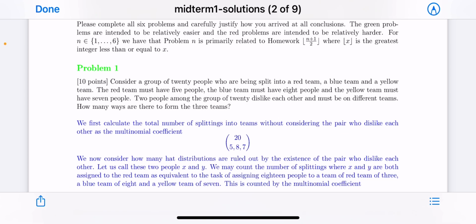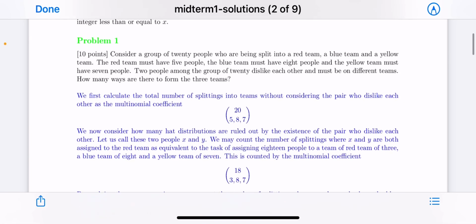First, the situation where they're both on the red team. There are 5 spots on the red team, so there are 3 left to be filled by people other than X and Y. There are 18 people other than X and Y, and the task is equivalent to splitting them into the 3 remaining spots on the red team, the 8 on the blue team, and the 7 on the yellow team.